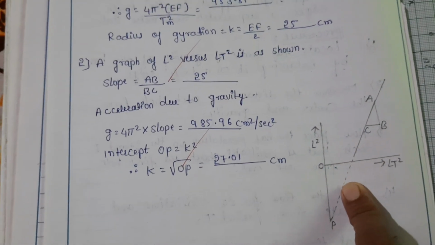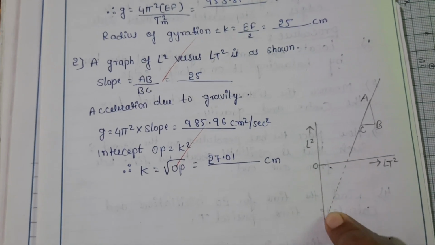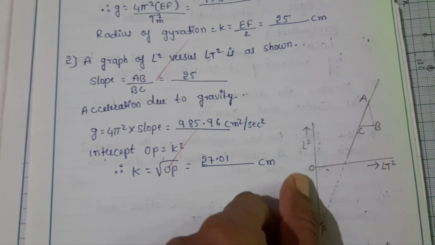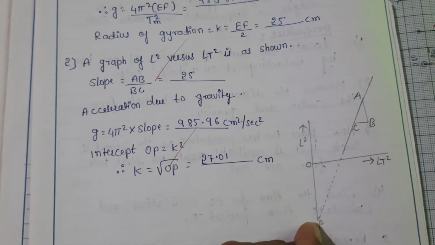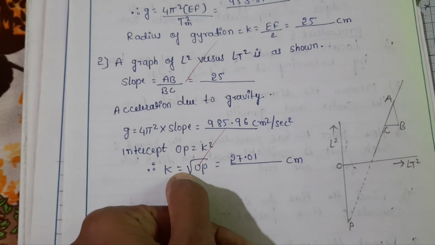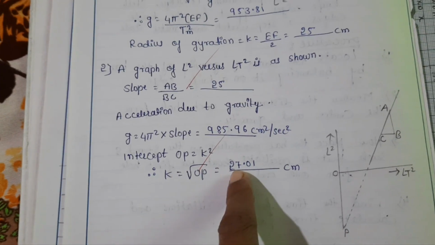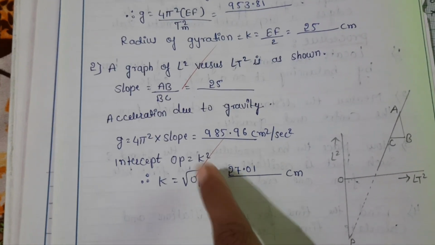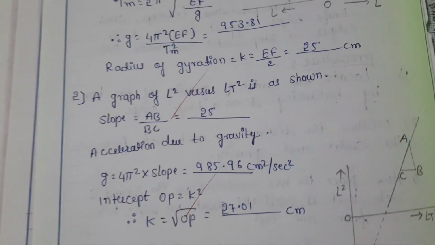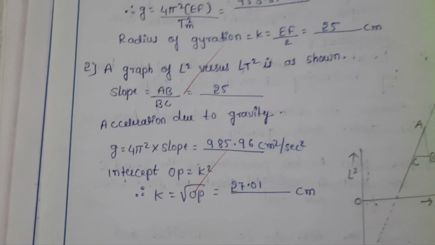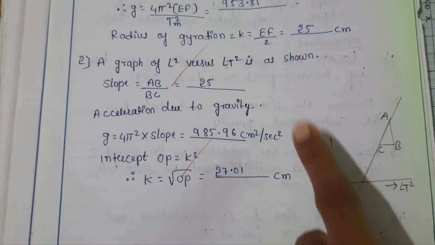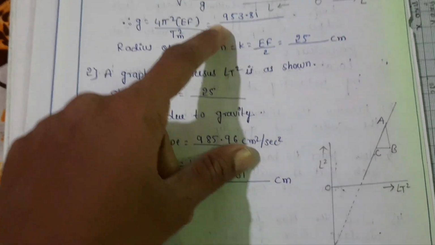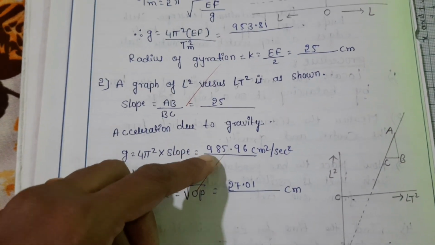You should note down the negative x-axis value here, and take the root of that. They got about 27 centimeter after taking the root. So this radius of gyration value is also near, and the acceleration due to gravity values are also near.